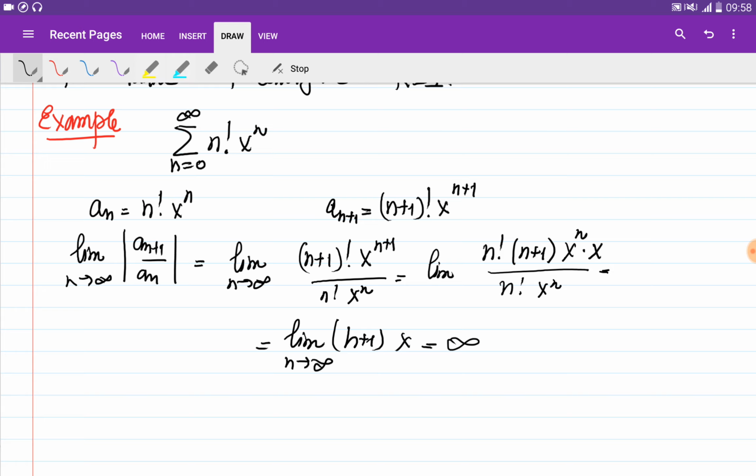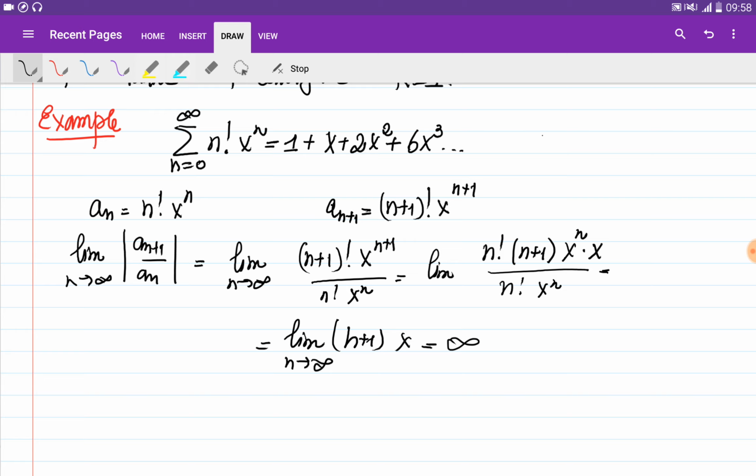So basically our series is divergent, but do you remember, if you substitute the terms here, the first term is going to be 1, the second term is 1! multiplied by x, plus 2! multiplied by x squared, plus 3!, which is 6, multiplied by x cubed, and so on, right?